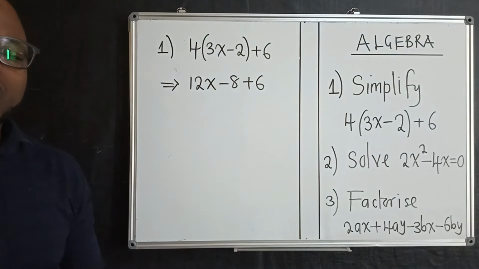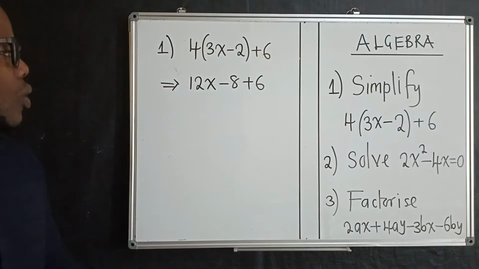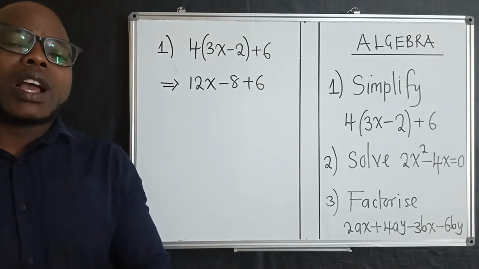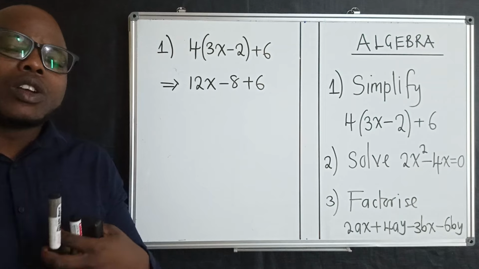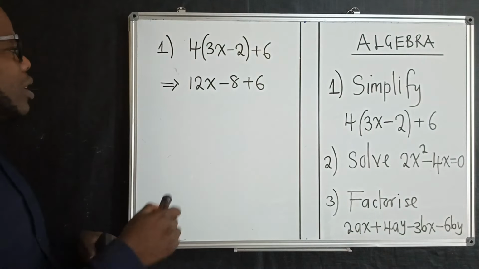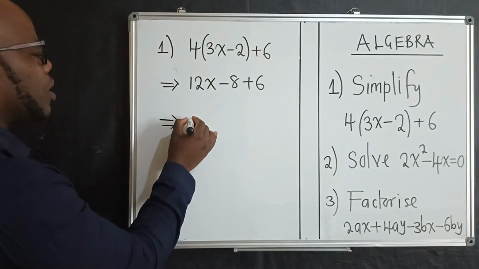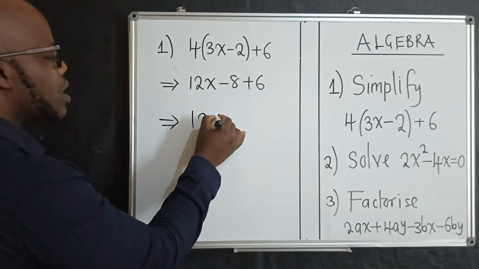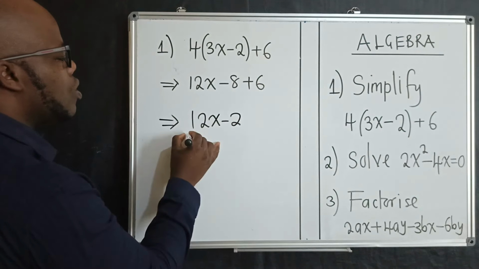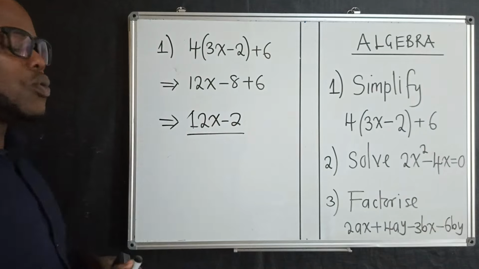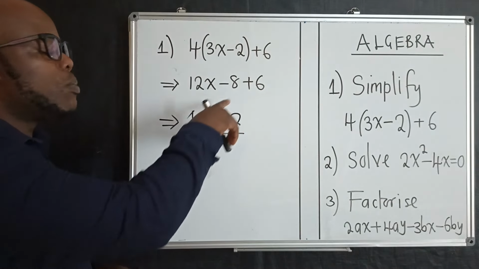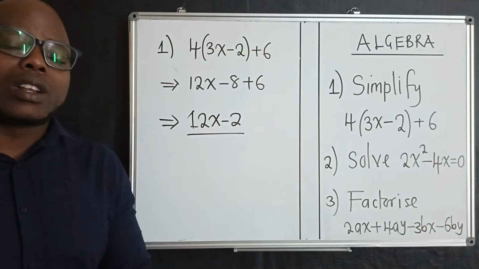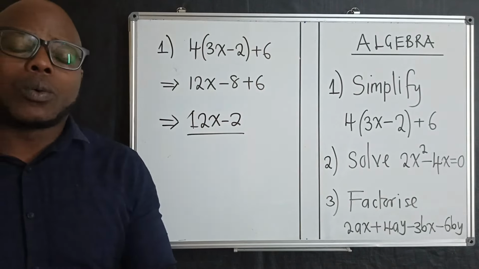Okay, so here, if you check nicely, the terms are already grouped, so there is no need for us to group the like terms. We just add or subtract where possible. So here it would be 12x minus 2, because negative 8 plus 6 gives us negative 2. This is what you need to know.